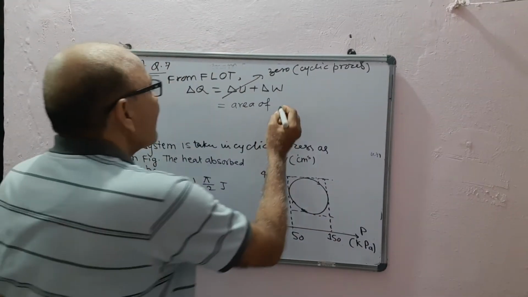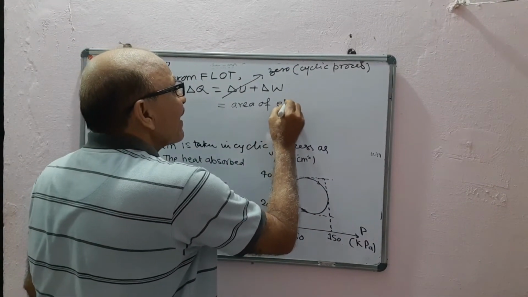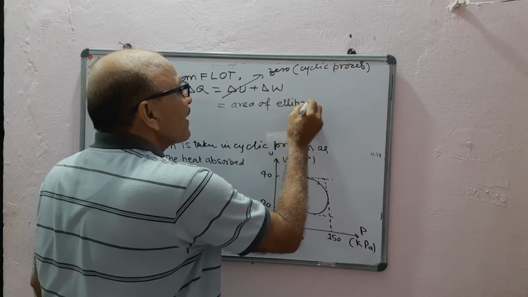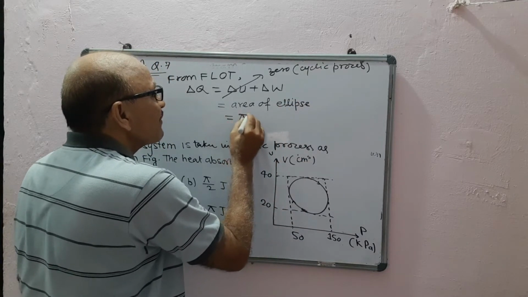Sorry, the area of an ellipse, that is pi by 4.